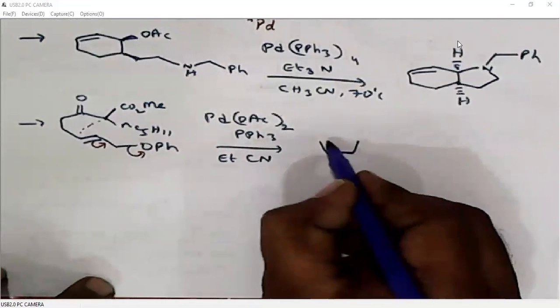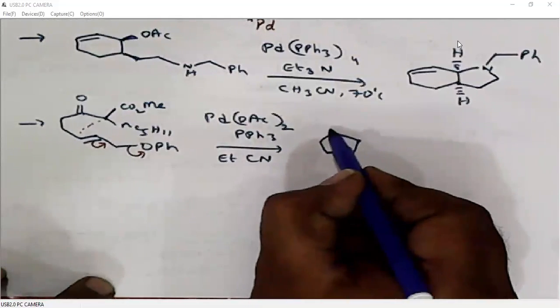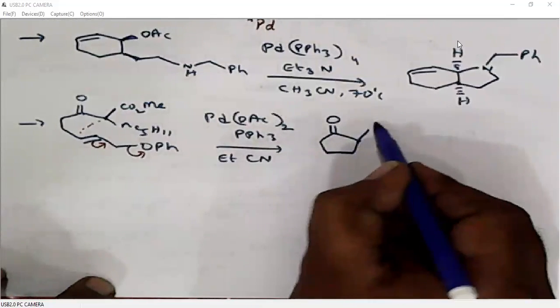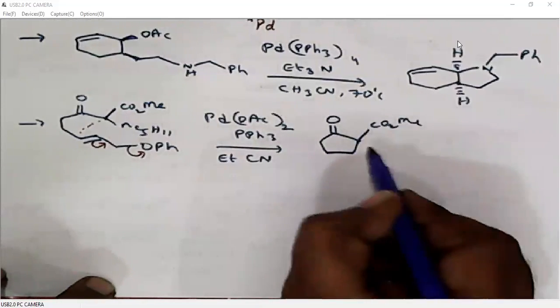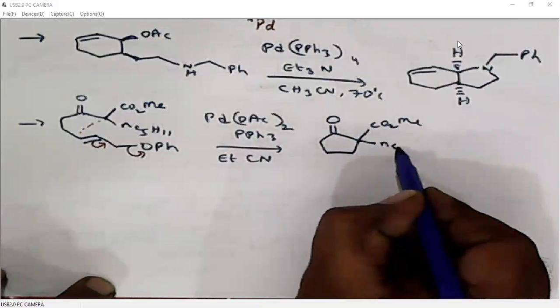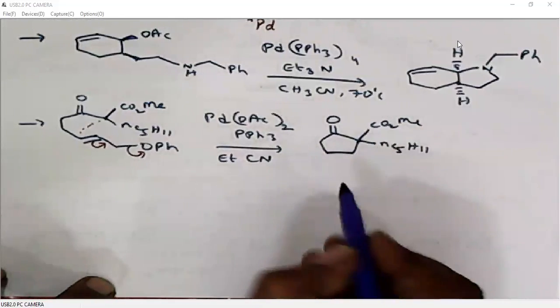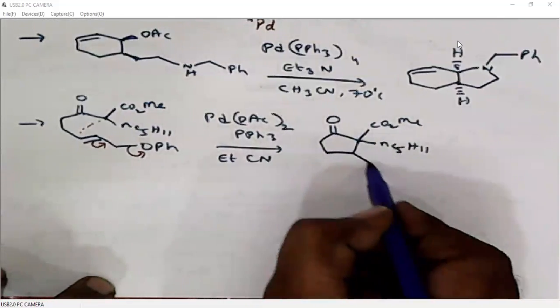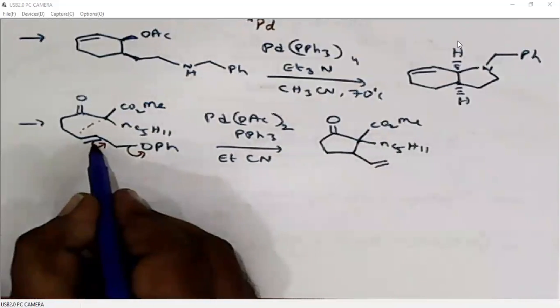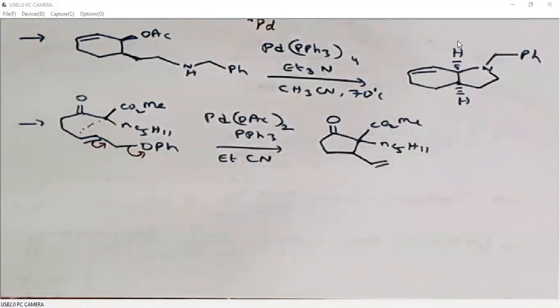The overall reaction gives a 5-membered ring, and we have CO2Me as well as C5H11. Then here we have one vinyl substituent. This is the product.